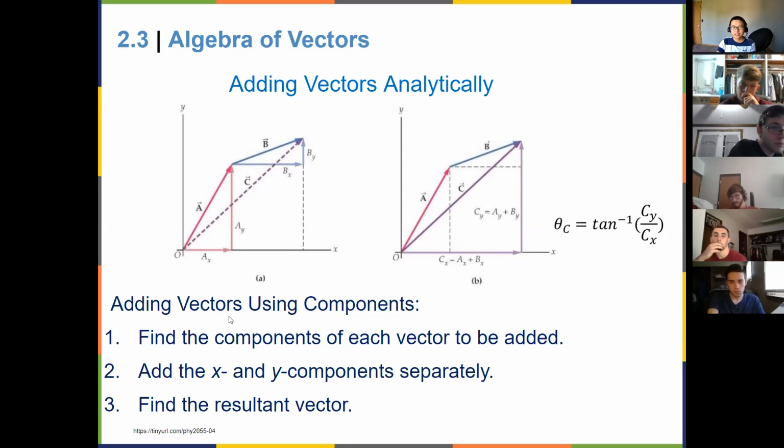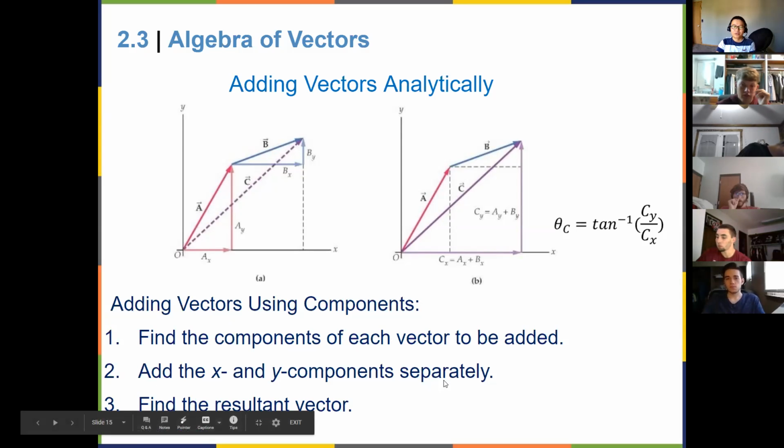The first thing you need to do is find the components of each vector to be added. So for A plus B, you want to find the x component of A, the x component of B, and the y component of A, the y component of B. And then add the x and y components separately.